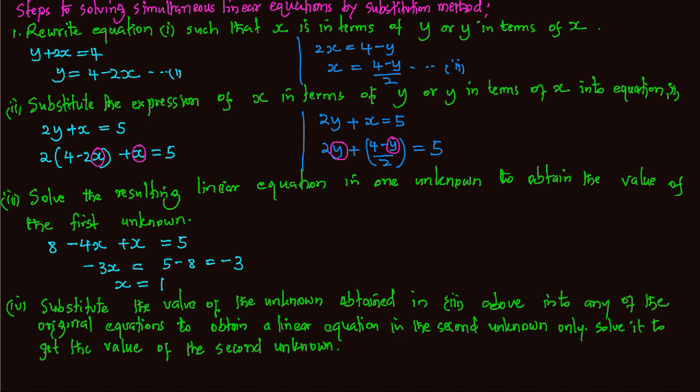For the y equation, we have 2y plus 4 minus y over 2 is equal to 5.